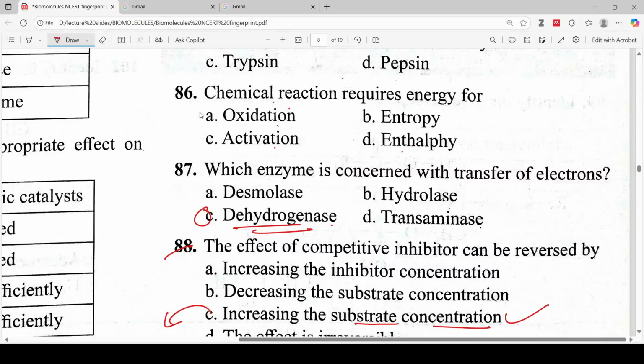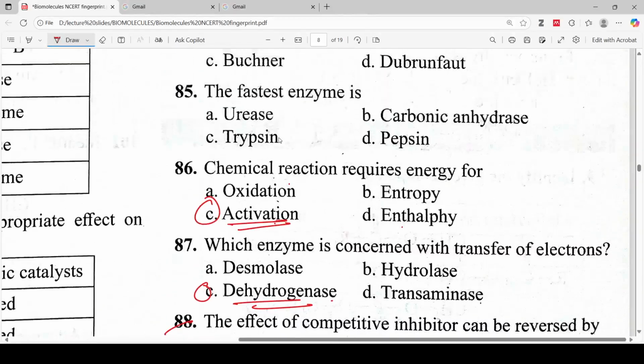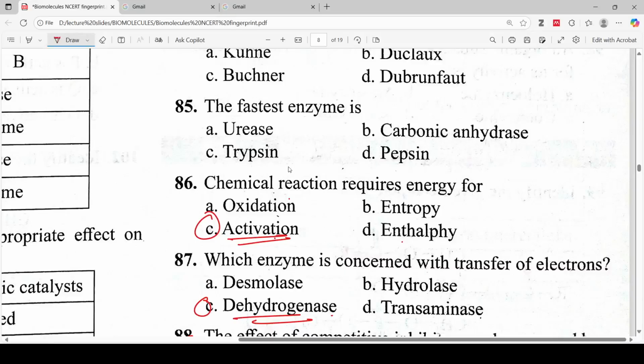So the correct answer is option C. Activation will be the correct answer. The fastest enzyme: urease, trypsin, carbonic anhydrase, pepsin. So the fastest enzyme is option B, carbonic anhydrase.